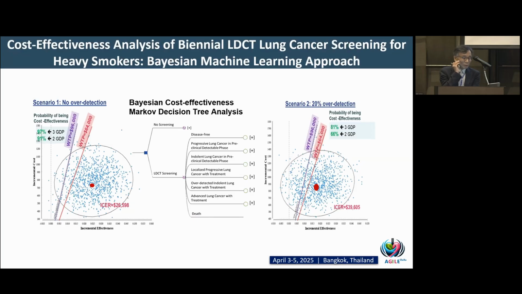You see, most of the points are below the willingness to pay within 2 GDP and 3 GDPs, which means it's very cost effective. And even when you're talking about over detection, I know Dr. Yang said nowadays we want to talk about over management rather than over detection. Even if we take into account the over detection, it's still very cost effective.